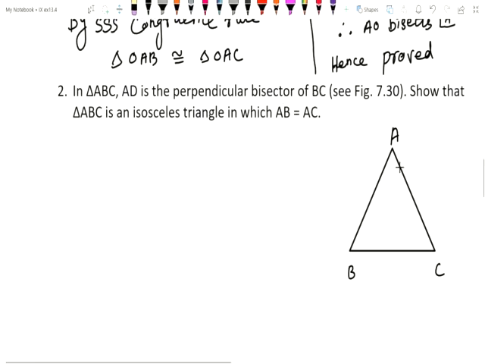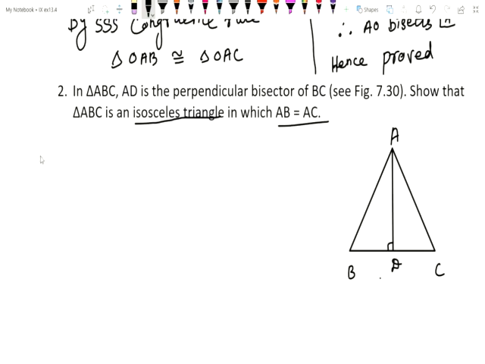AD is the perpendicular bisector of BC. This is 90 degree. Show that triangle ABC is an isosceles triangle in which AB equal to AC.